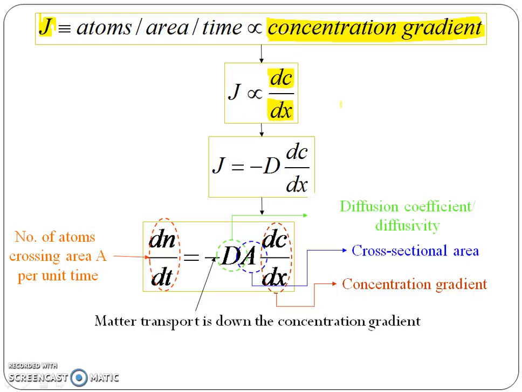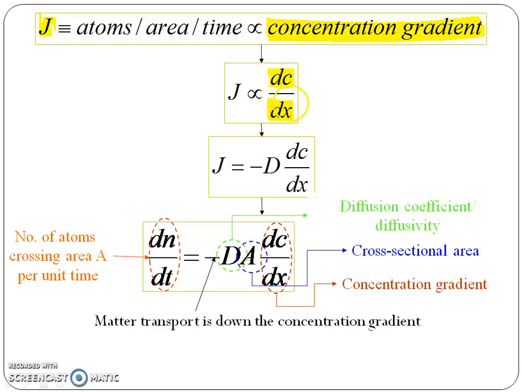So recall the picture of the metal slab which had two surfaces, one upstream surface, that is point A, and another downstream surface, that is point B. These two surfaces are separated by the distance, that is the thickness of the slab, which is nothing but dx.